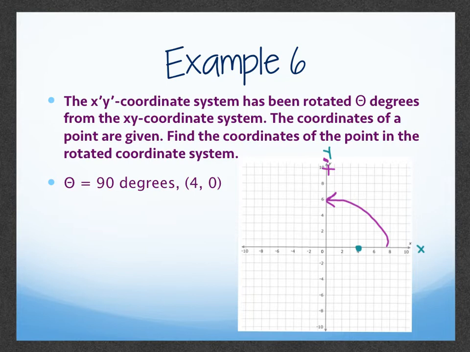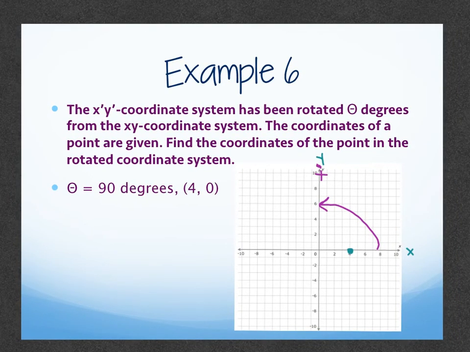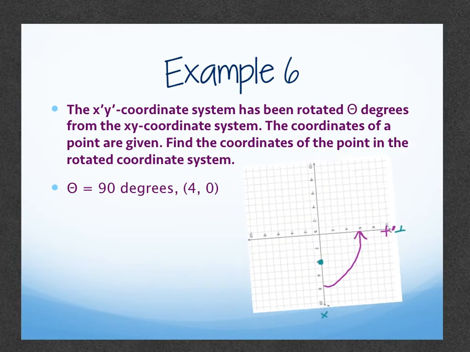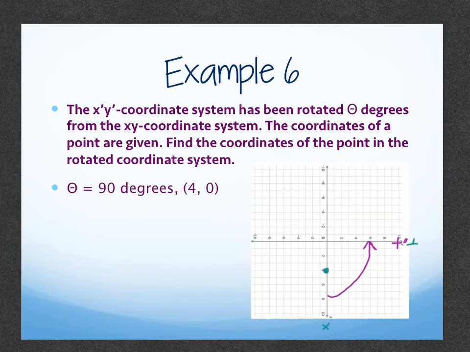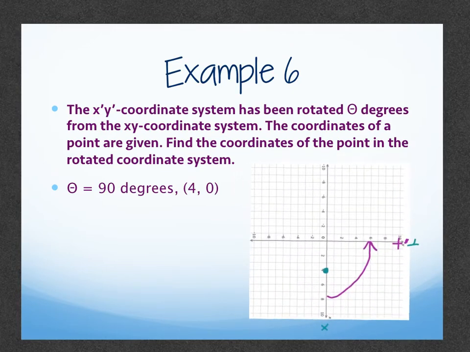Here's the challenge. I need to rotate this back the other way so that x prime is where x is supposed to be. So I'm actually going to physically take that graph and rotate it back to the right so that x prime is where x is supposed to be. You won't be able to do that with a piece of paper, right? You can't take just a part of the graph and rotate it.